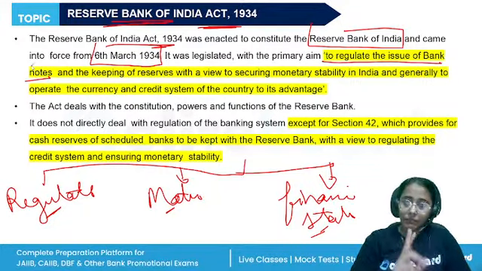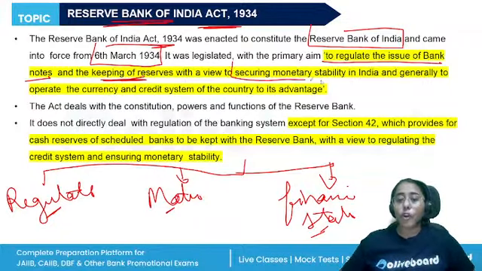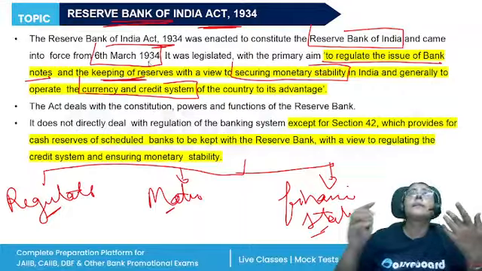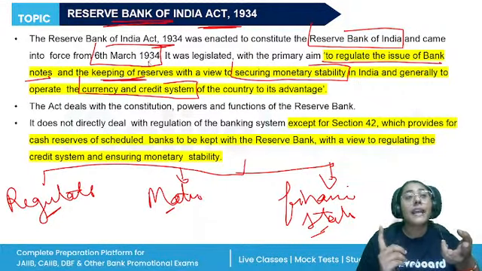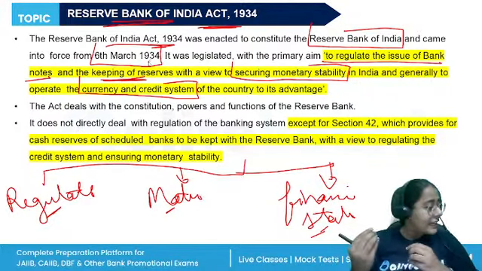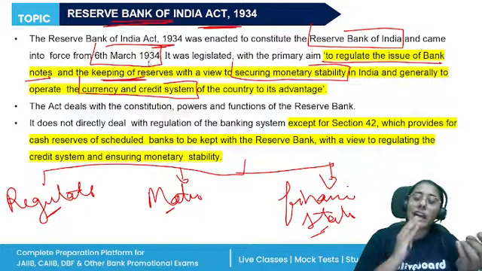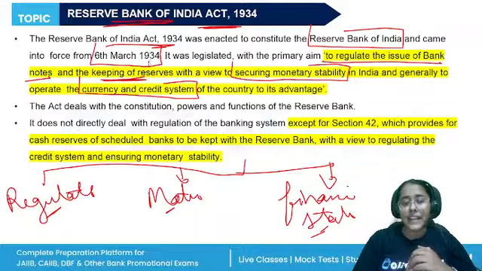So RBI has the sole authority to issue banknotes, keep a reserve with a view to secure monetary stability, and operate the currency and the credit system. RBI acts as the banker to the banks and banker to the government. RBI acts as the advisor to the government. Wherever there are any international issues or export related issues, RBI will give instructions to the government to correct their action.